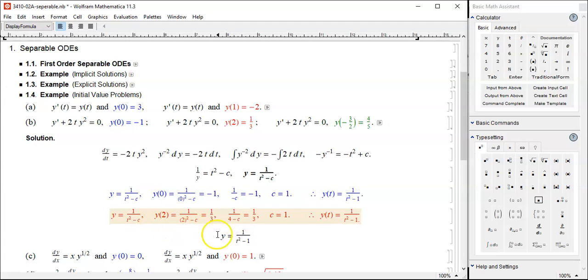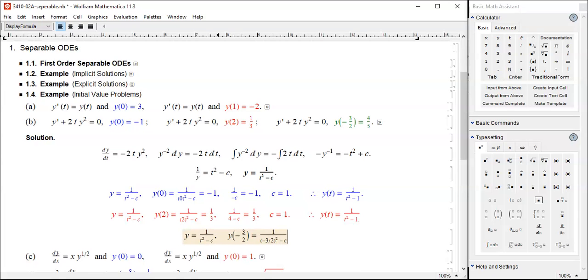Minus c here, minus c here. y of negative 3/2 is 1 over negative 3/2 squared minus c, and that's equal to 4/5. So 1 over 9/4 minus c equals 4/5.